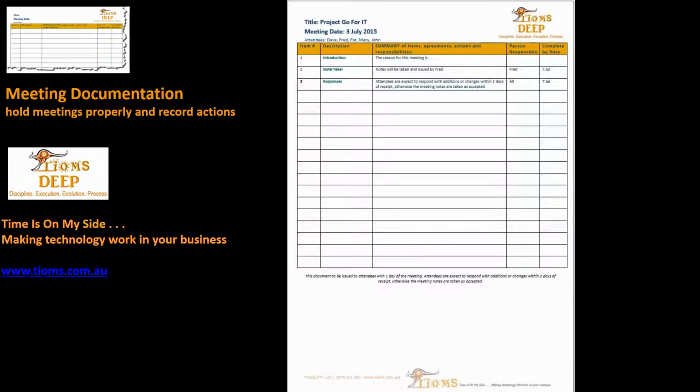So where you've got the item number column, you could have another column and put priorities in there. So you maybe have priority 1 to 3 or high, medium, low, something like that. So these are flexible documents that you can change according to the project that you're running. So that's it. That's the meeting document template for Deep.